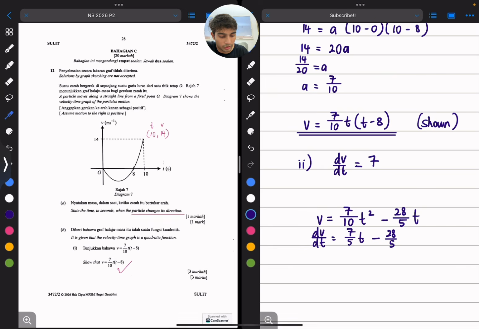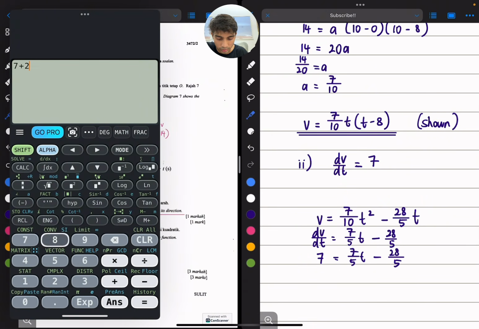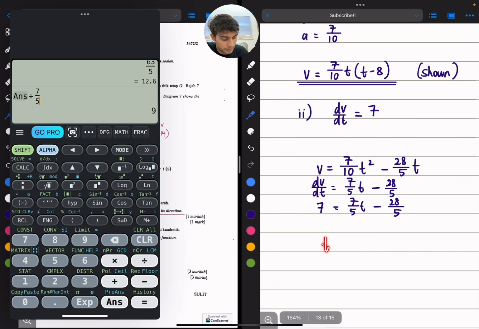Okay, so since they said acceleration is 7, that means dv/dt is 7, so we put 7 here. Then from here you solve lah. So 7, this one you bring here, becomes plus. 7 plus 28 over 5, divide by 7 over 5. So t is 9.